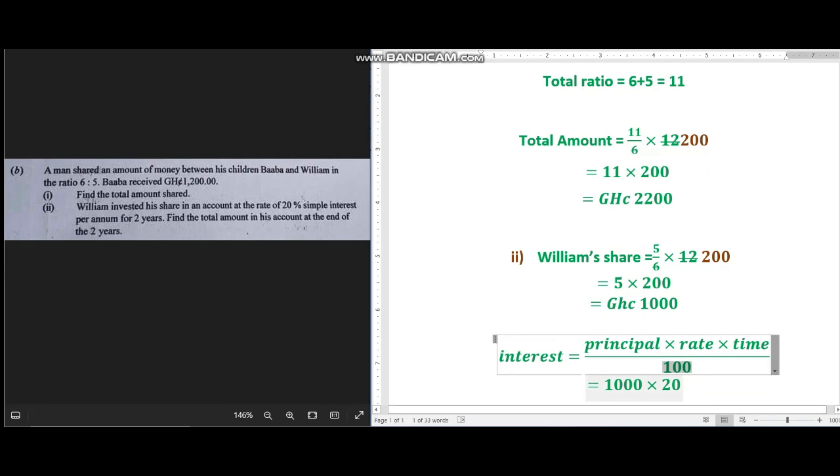Then time is the time. The time is giving us 2 years. So all this over 100.